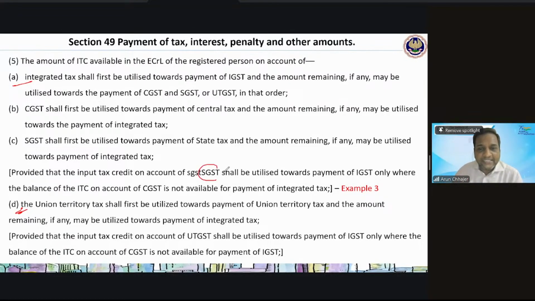Proviso: SGST shall be utilized toward the payment of IGST only when the balance of CGST is not available for payment of integrated tax. Now one more restriction.